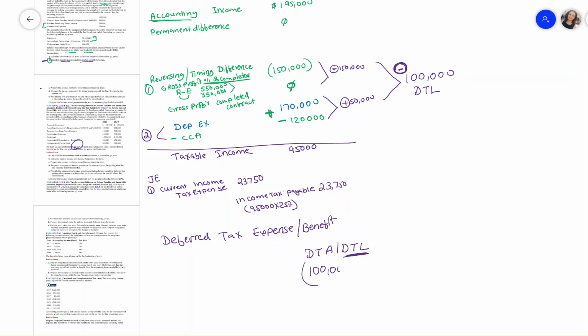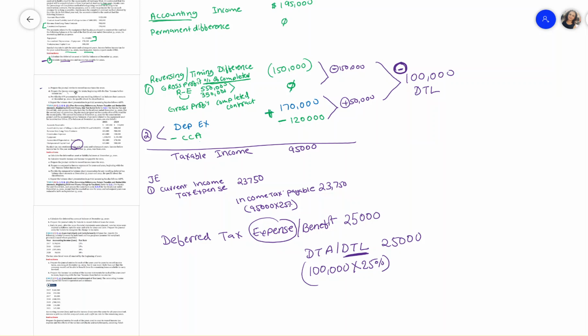Whatever is the difference. In this case, the difference was 100,000 multiplied by the tax rate, which is 25%. So you're going to debit your deferred tax expense, in this case 25,000, and your deferred tax liability here is 25,000. So now what we did is we did your journal entries, and then they said what else we had to do.